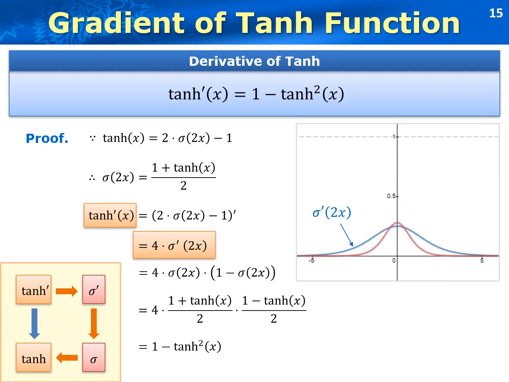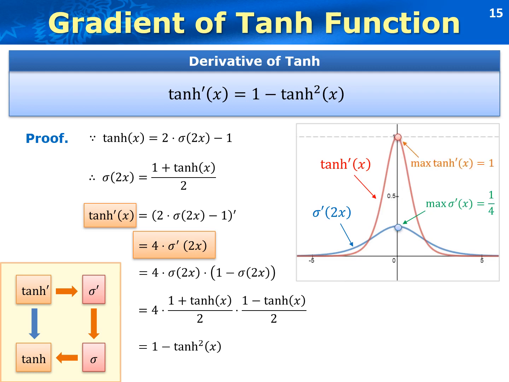Looking at the changes in the peak of the curve, we can see that the maximal value of the derivative of sigmoid is 1 over 4. During rescaling, we multiplied by 4, which produces the maximal value 1 for the derivative of the tanh function.